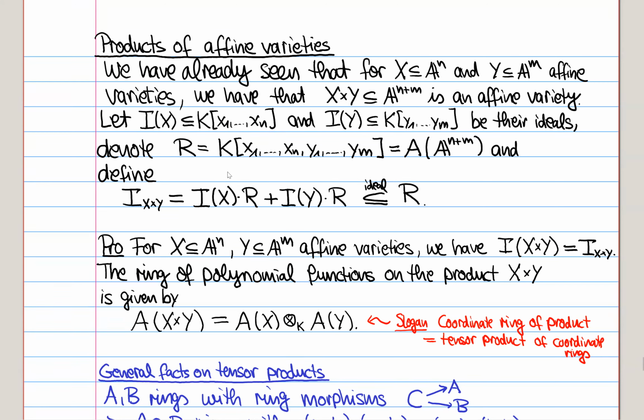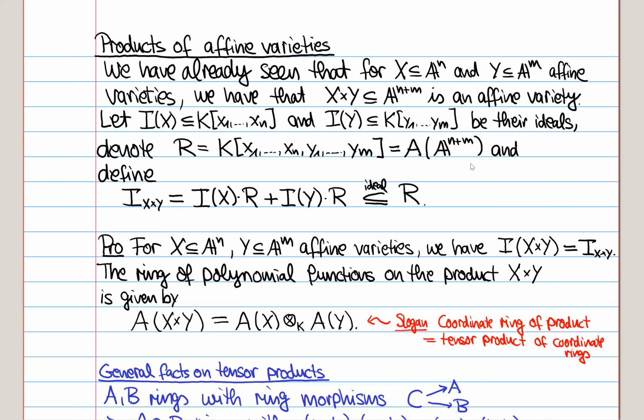And then, the ambient space A^(n+m) has coordinate ring R, which is just the coordinate ring in these n plus m variables, which is the same thing as the ring of polynomial functions on this variety, A^(n+m).